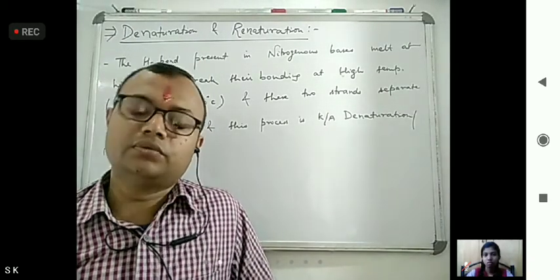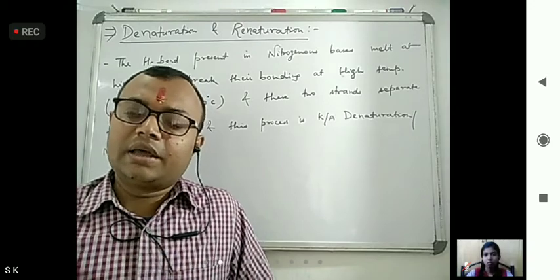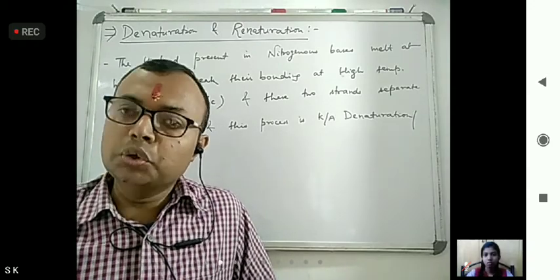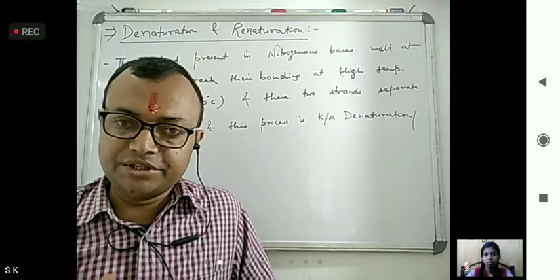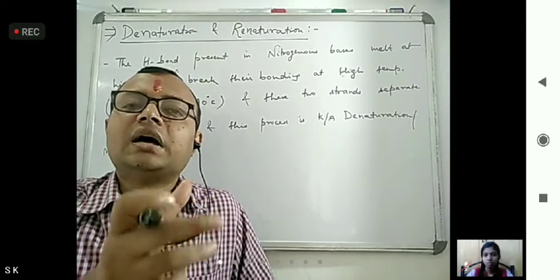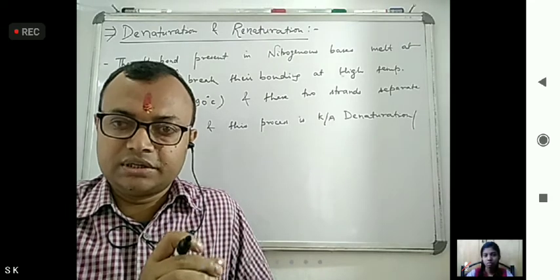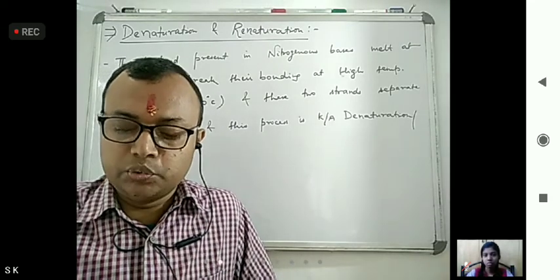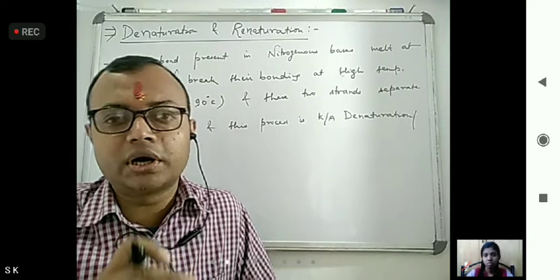Now, again when the temperature goes down to 65 degrees centigrade, what happens? The hydrogen bonds which separated join together again, and this process is known as renaturation or annealing.